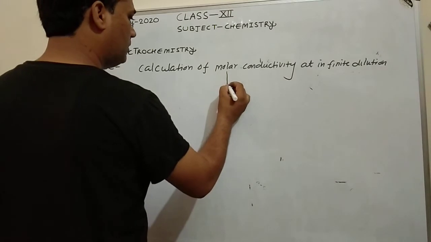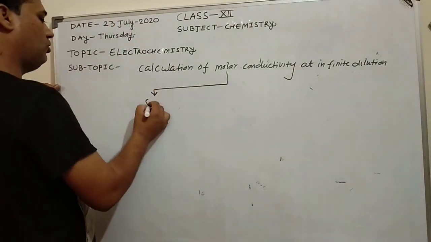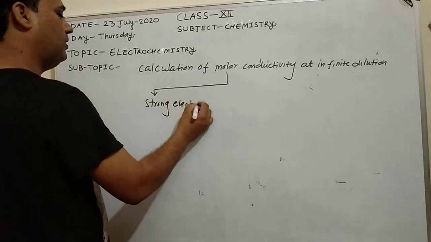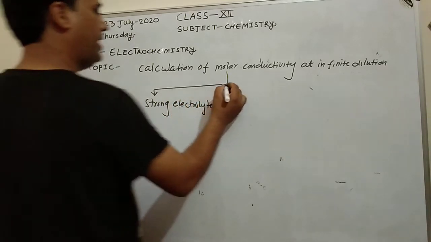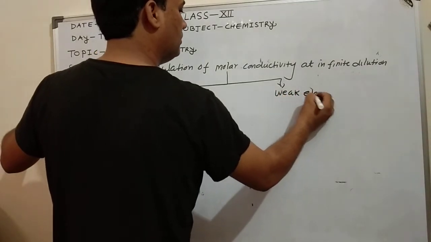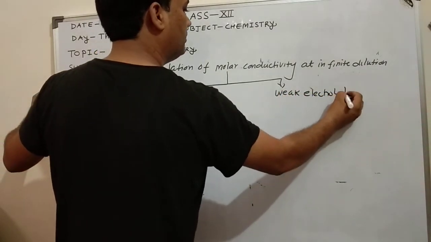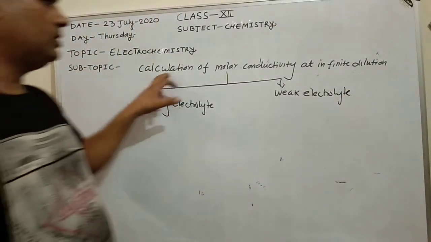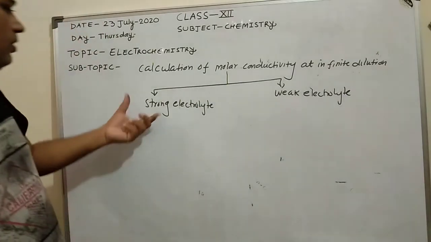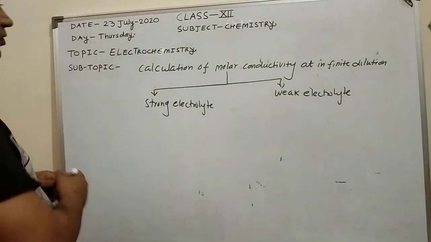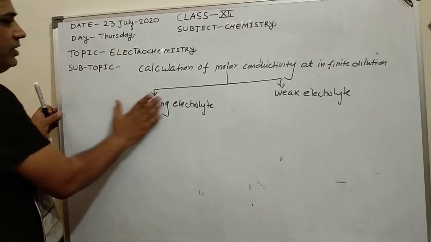First of all, I am going to discuss strong electrolyte, and second is weak electrolyte. That is how we can calculate molar conductivity at infinite dilution for strong electrolyte and for weak electrolyte. First of all, I am going to discuss strong electrolyte.